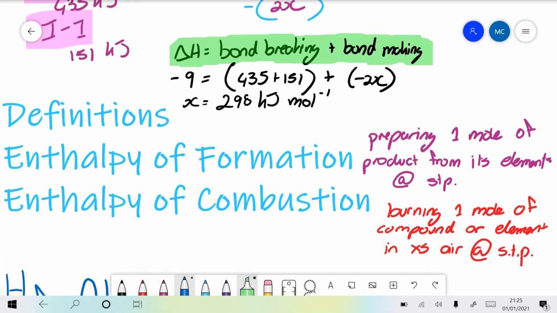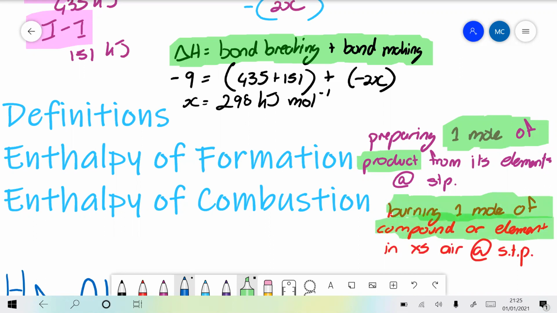And the two important things here is that we are always either preparing 1 mole of product or we are burning 1 mole of substance, okay? We're never, ever dealing with more than 1 mole or less than 1 mole. It's always about 1 mole.